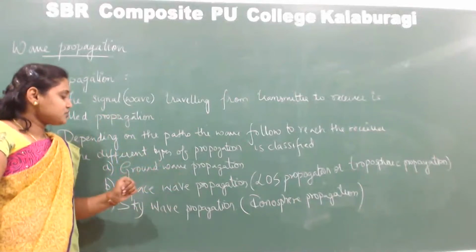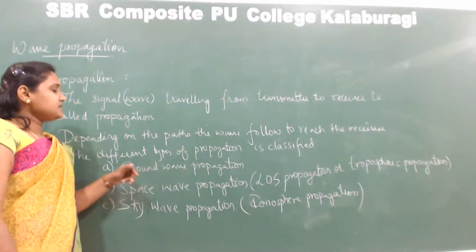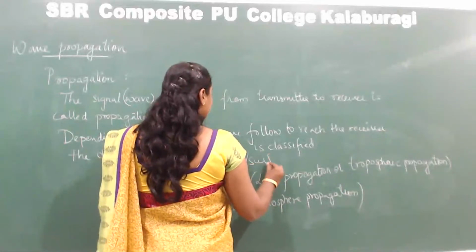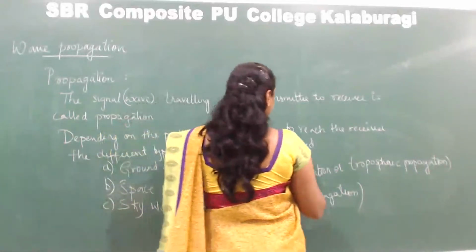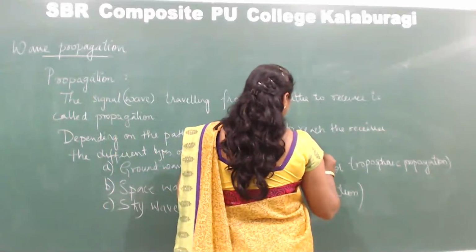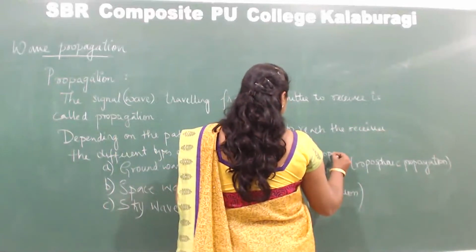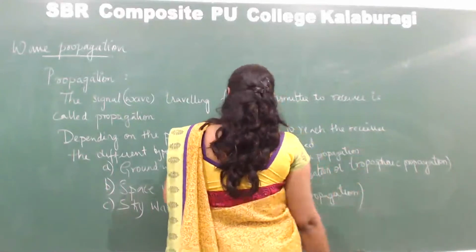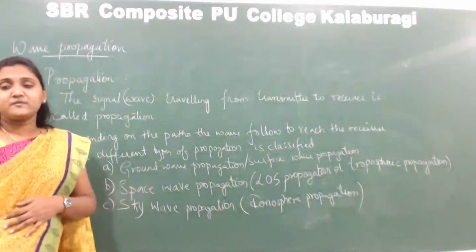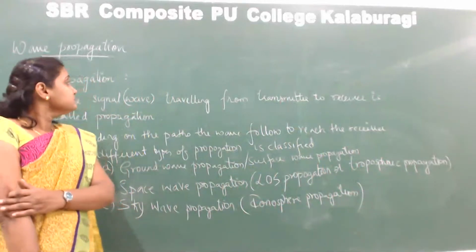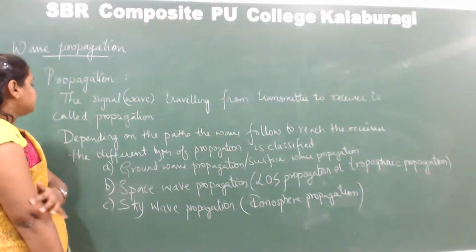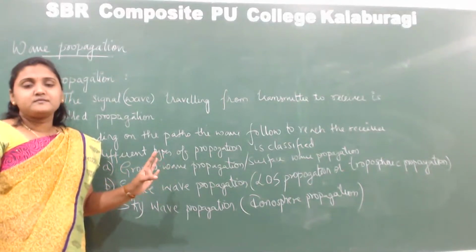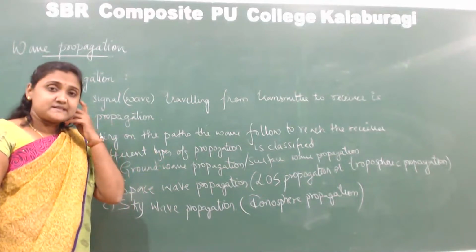Ground wave propagation is also called surface wave propagation. We have already studied the ground waves, space waves, and sky waves in the previous class.